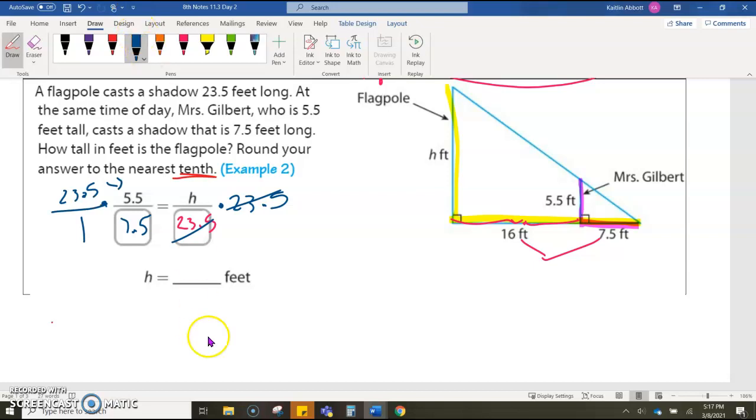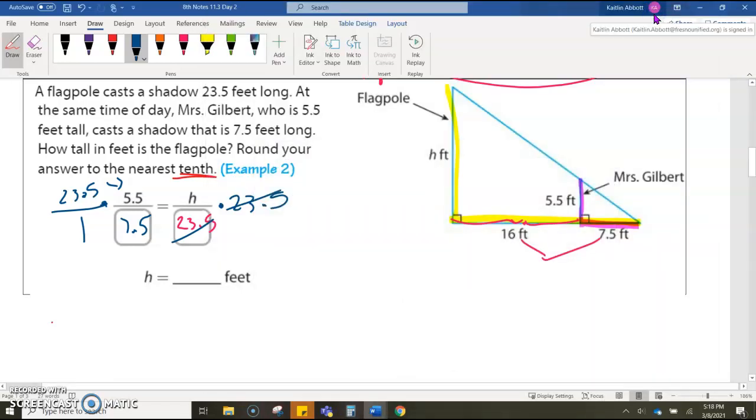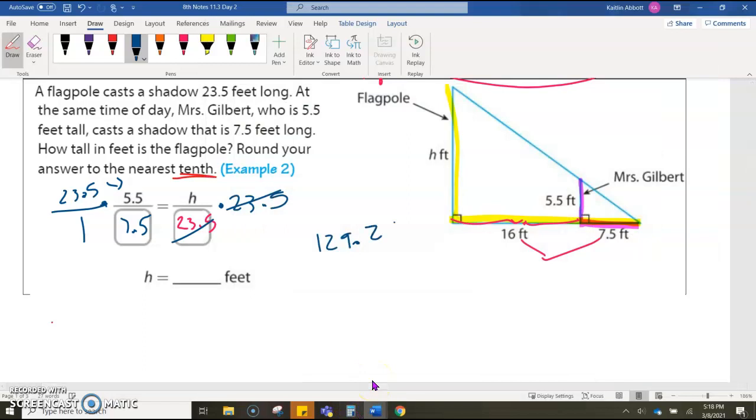So 23.5 times 5.5 gets me 129.25. So I'm going to rewrite it over here, 129.25 over 7.5.